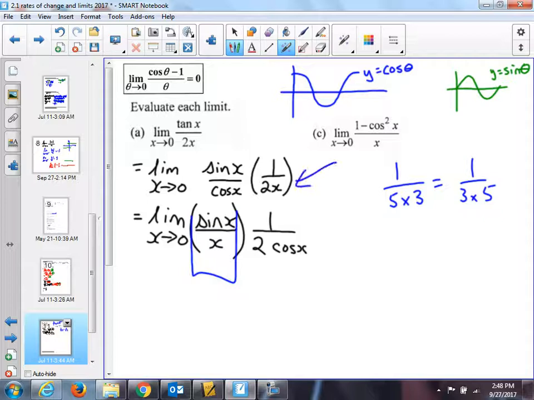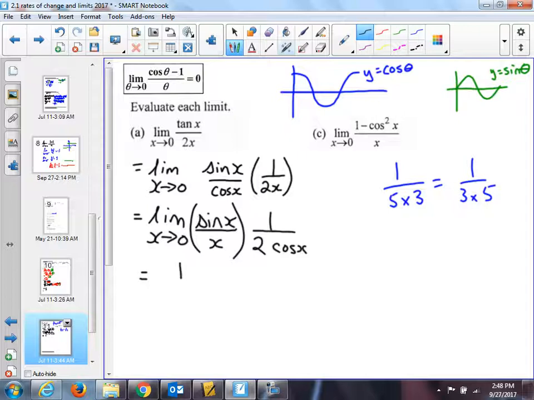You could evaluate right here. Just saying, yeah, this x, this sine. Okay. You got it. So, this is 1 times 1/2 again, right? Because cos of 0 is 1. So, there we go with that.